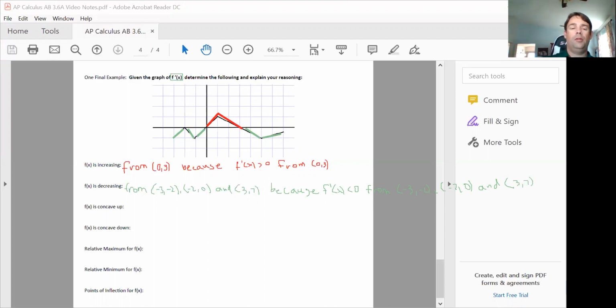All right. Let's go and take a look at the relative max and min next. So relative max, this is when our derivative goes from positive to negative. Well, that happens right here. Graph goes from positive to negative. So that means that x equals 3.